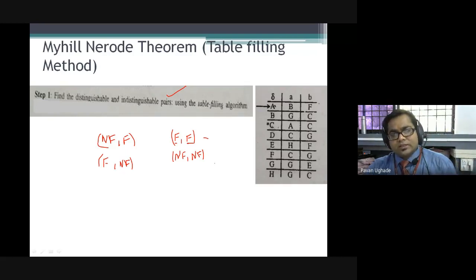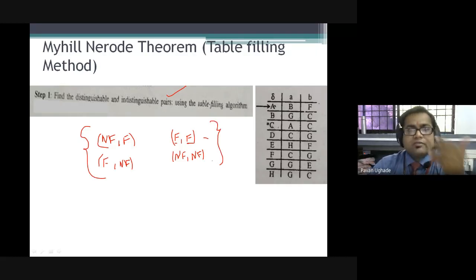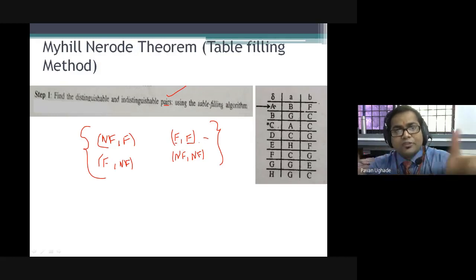So if these are the four combinations possible, out of these, which are the distinguishable states and which are the indistinguishable states? Because it's a pair. So final, whether it is distinguishable or indistinguishable. If there is a combination of two states in which the first is final and another is final, whether it is of the same pair or of a different pair.